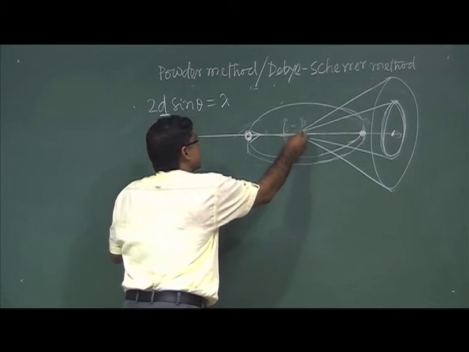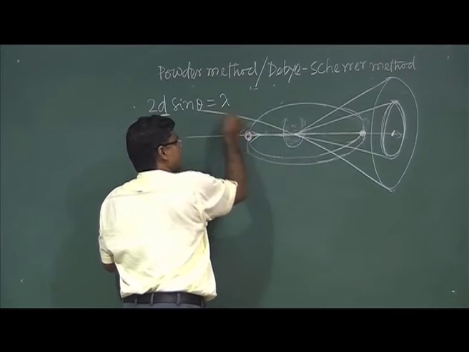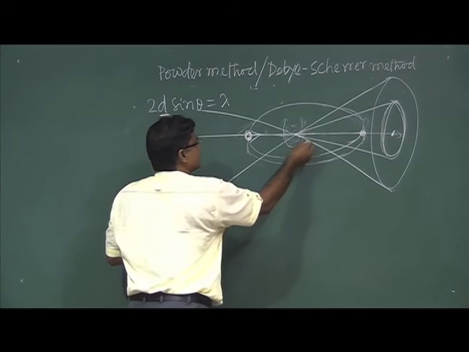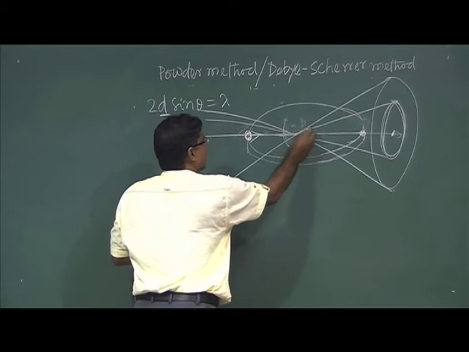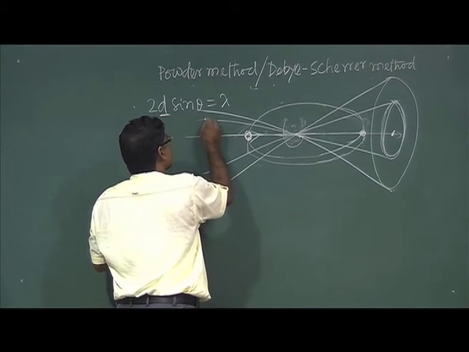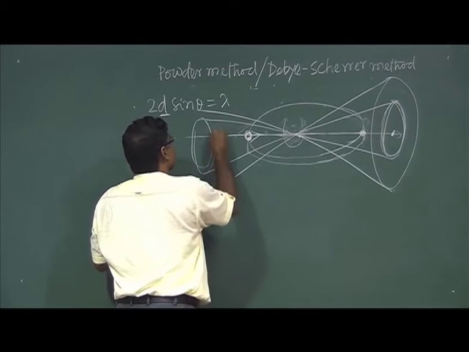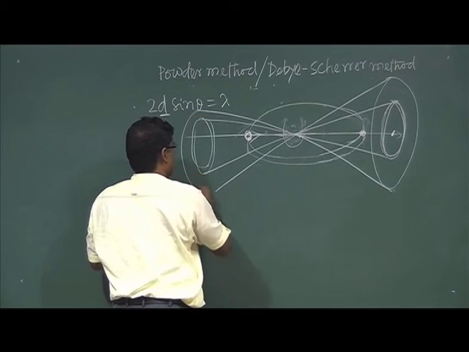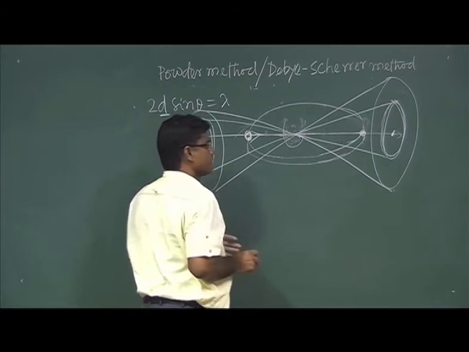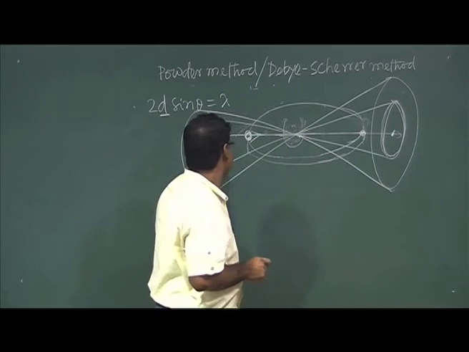Similarly backwards, in the backward direction we will also get a similar pattern, as I have shown you for the Laue spot. Here also it will form a cone, for the same plane.